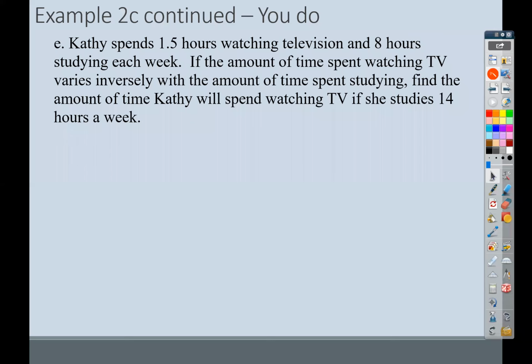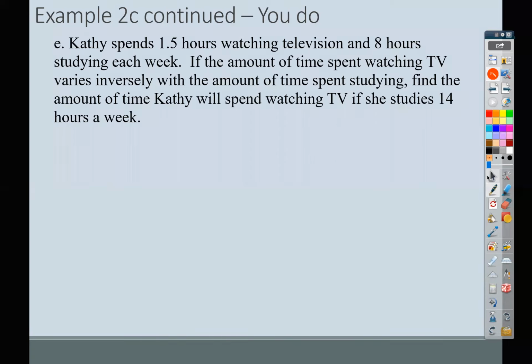2E says Kathy spends an hour and a half watching television and 8 hours studying each week. If the amount of time she spends watching TV varies inversely with the amount of time she spends studying, find the amount of time Kathy will spend watching TV if she studies 14 hours a week. The time varies inversely, and she spends an hour and a half watching TV and 8 hours studying.